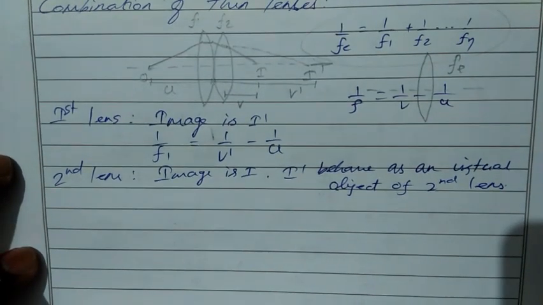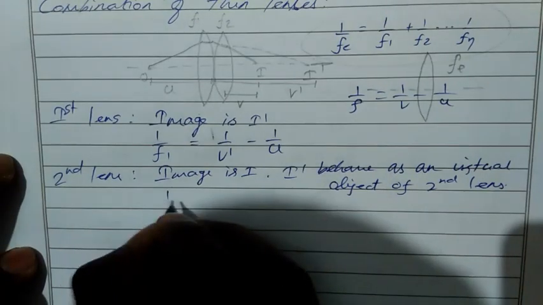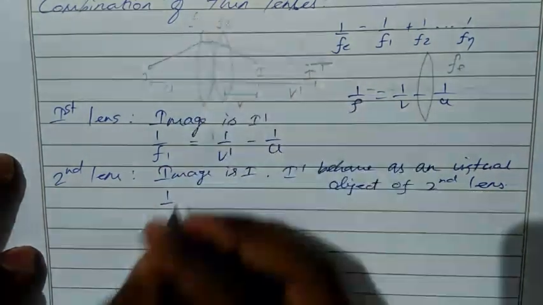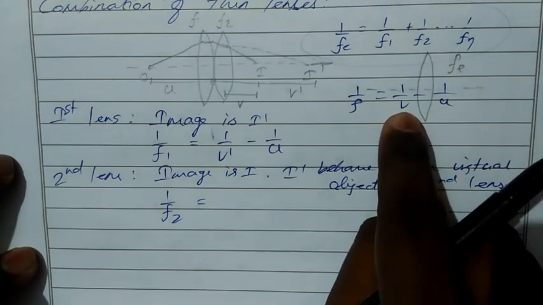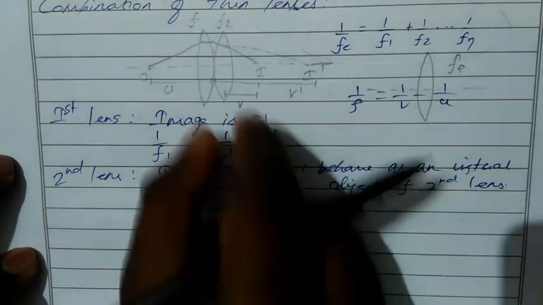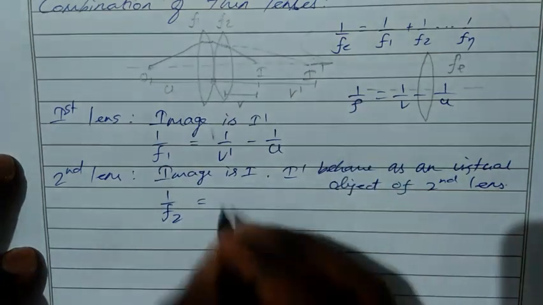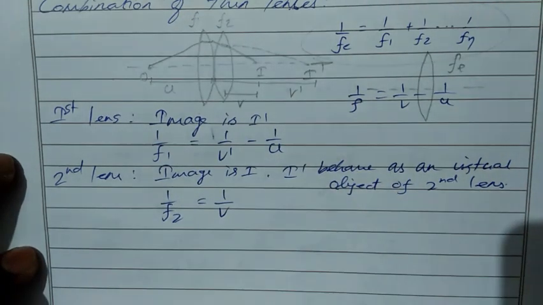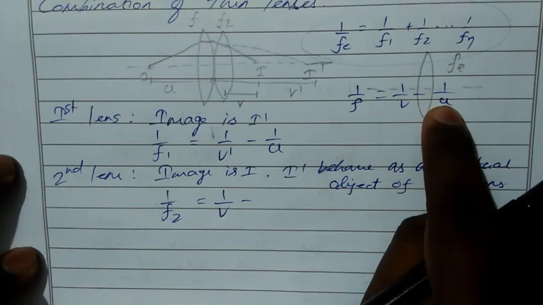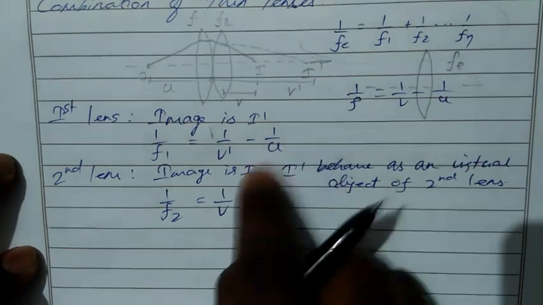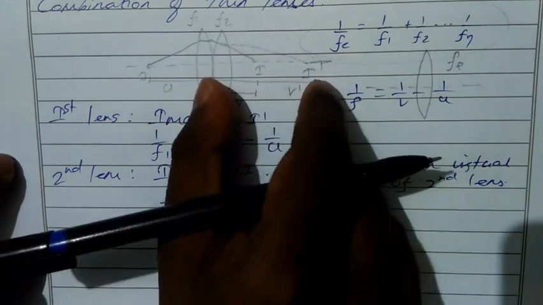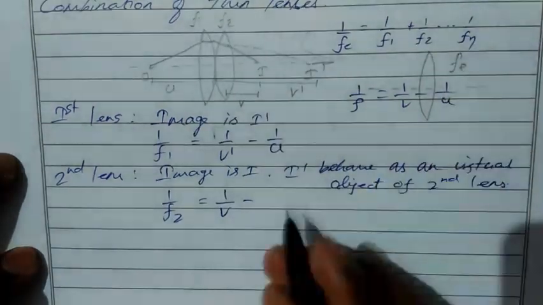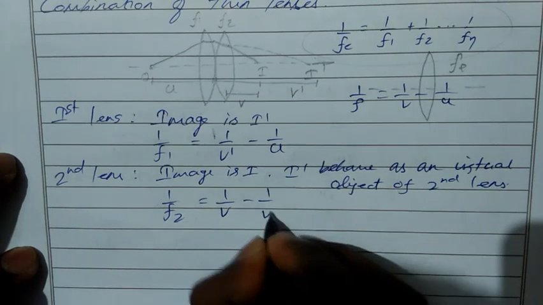So write the formula: 1 by f, where f is f2 for the second lens, equals 1 by v minus 1 by u. v is the image distance. u is the object distance. For the second lens, I dash behaves as a virtual object, and I dash is at distance v dash, so our object distance is v dash.